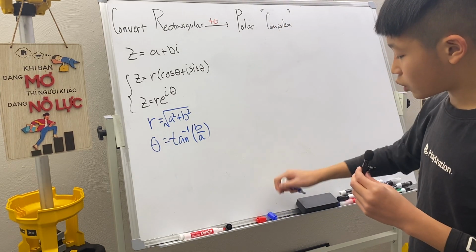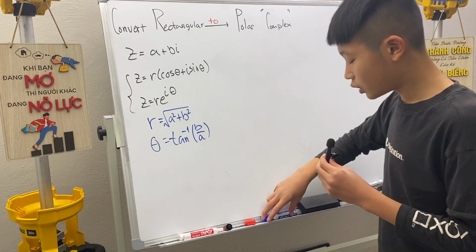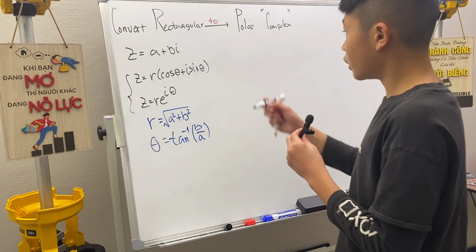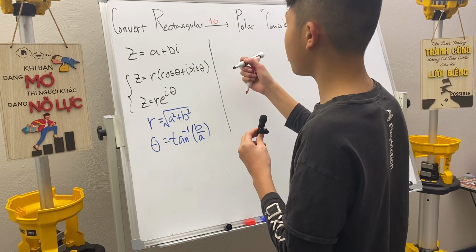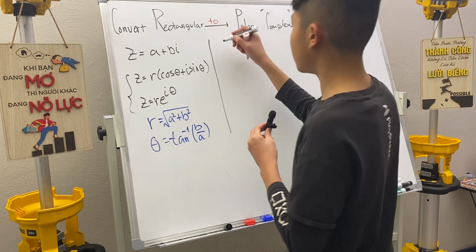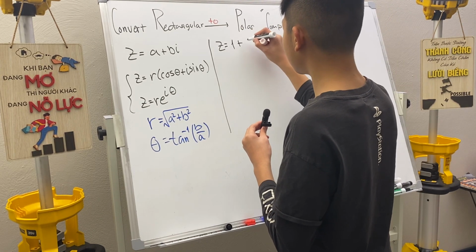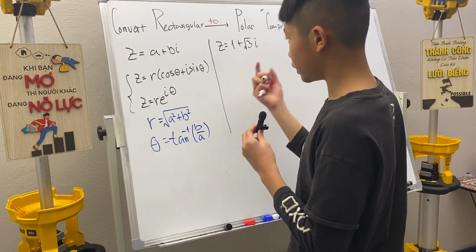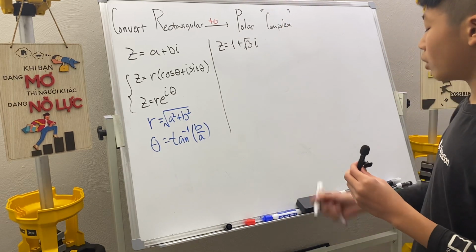So the first example we're going to face is one I came up with myself. The standard form is 1 plus square root of 3 i, so a is 1 and b is square root of 3.